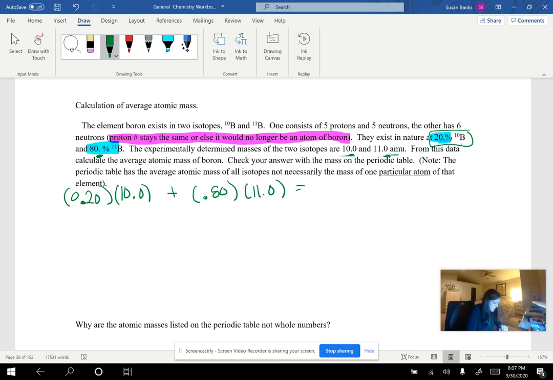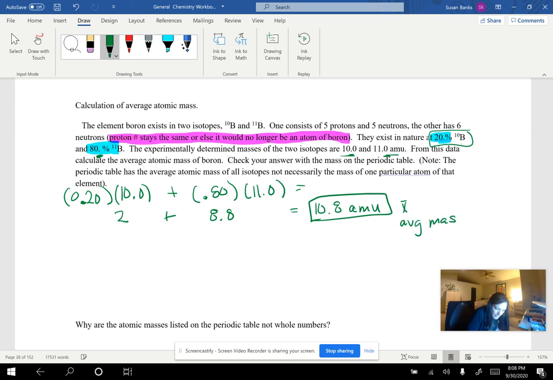So let's do this piece by piece. 0.2 times 10 will give me 2. And then 0.8 times 11 will give me 8.8. So when I add 2 plus 8.8, I will get 10.8 atomic mass units. This will be my average mass of boron. Okay?